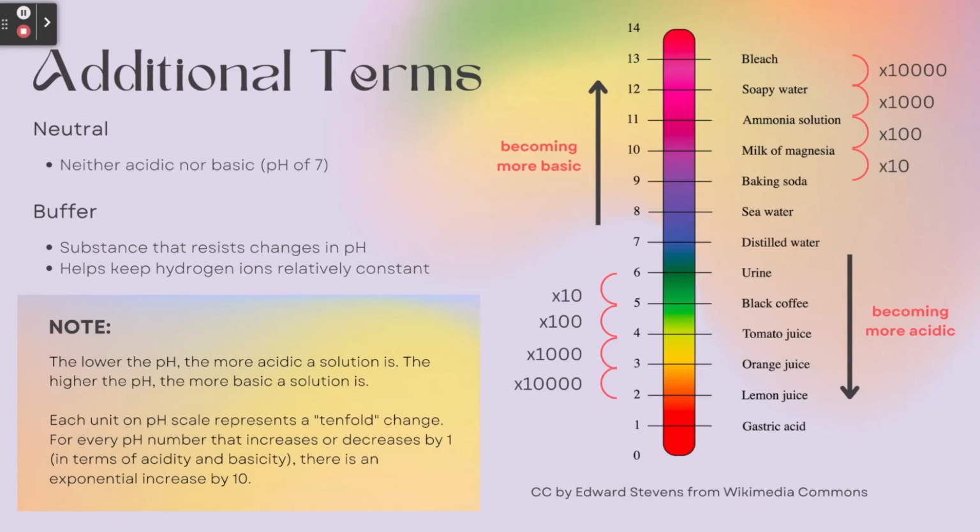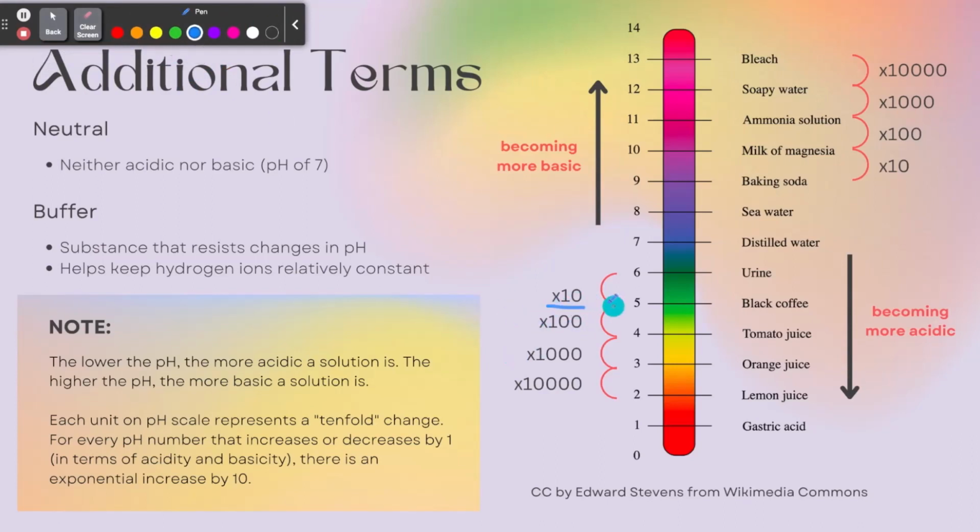And that is because there's a tenfold change in terms of acidity and basicity. So in a statement, I would say instead, a pH of 5 is 10 times more acidic than a pH of 6. And I got the 10 from right here because it changes by a pH of 1.